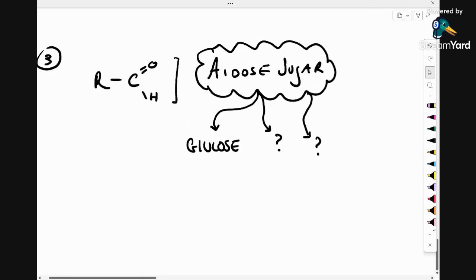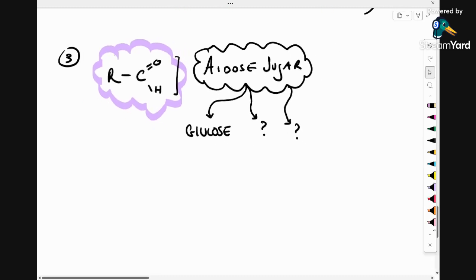And of course, within a family, you all share the same surname. You're all an aldose in this case, but you have your own different identities, right? There'll be glucose and there'll be essentially glucose has siblings here within the family. They're all aldose sugars. They all contain the aldehyde functional group, but they are different sugars.